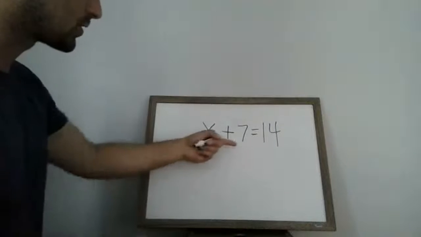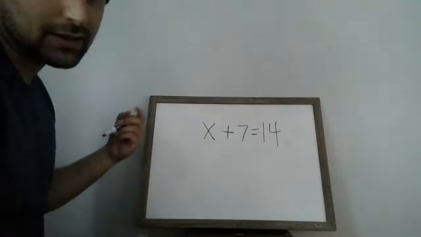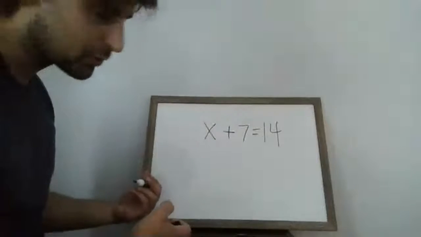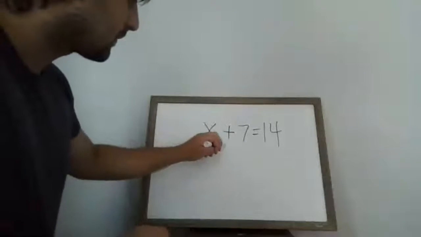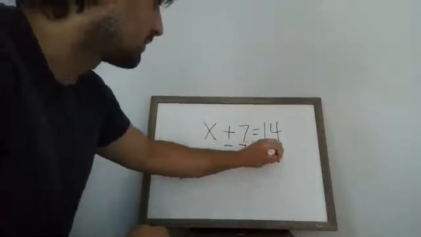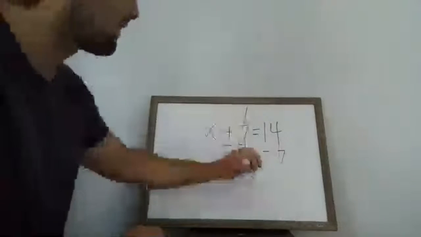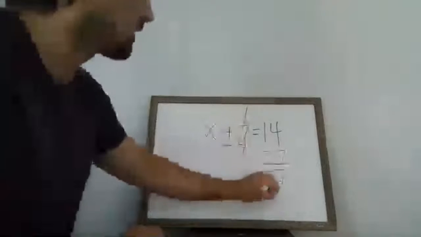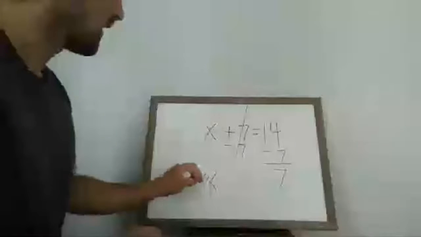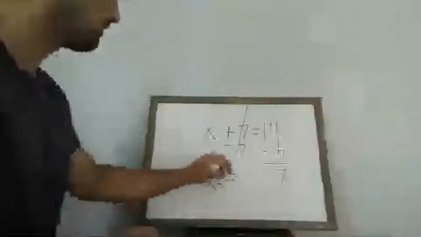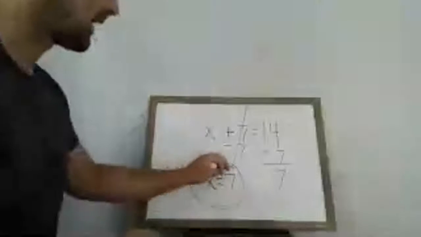So since the operation is addition, in order to get the 7 on the other side of the equal sign and figure out what x is, we have to subtract. So I'm going to take away 7. These two numbers cancel out. 14 minus 7 equals 7. So x equals 7. And that is our answer.